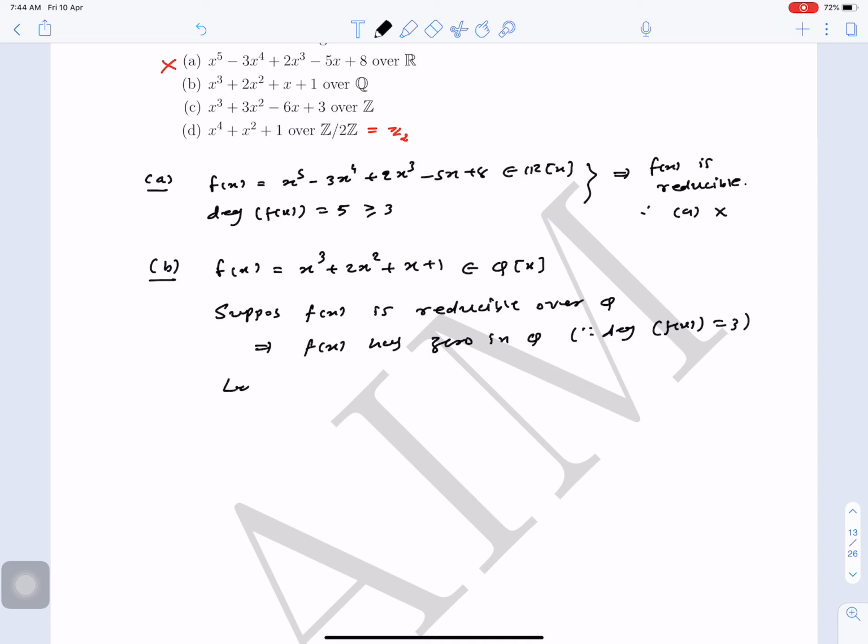So let alpha is equal to r by s with GCD of r and s equal to 1 be a 0 of f(x) in Q.